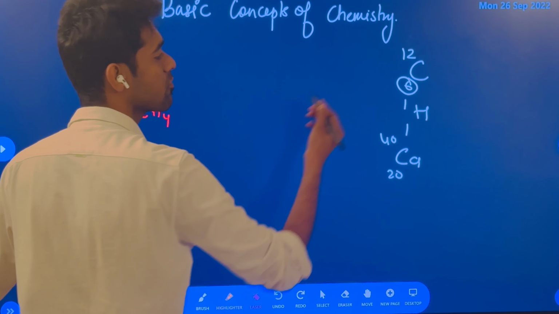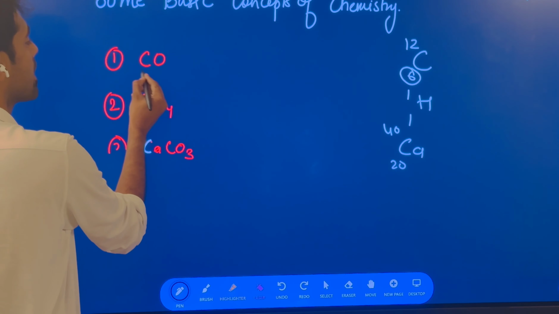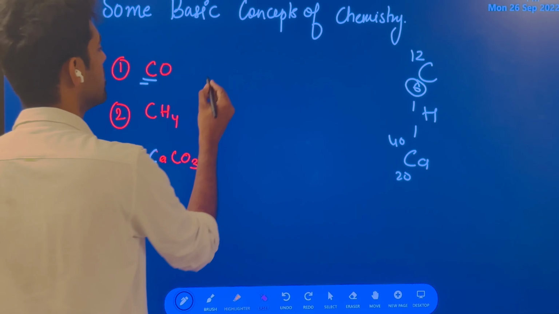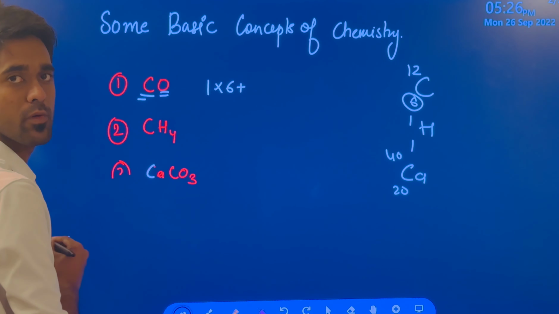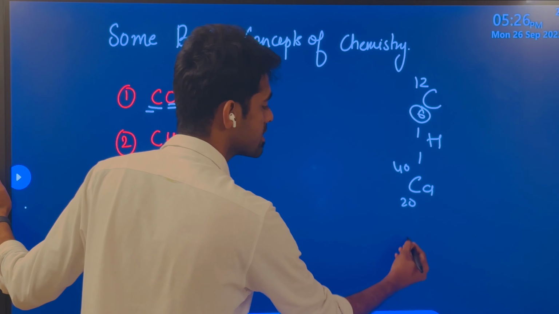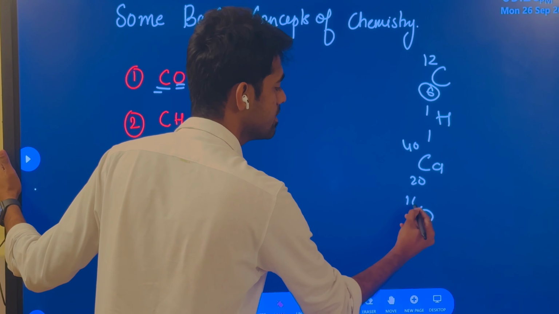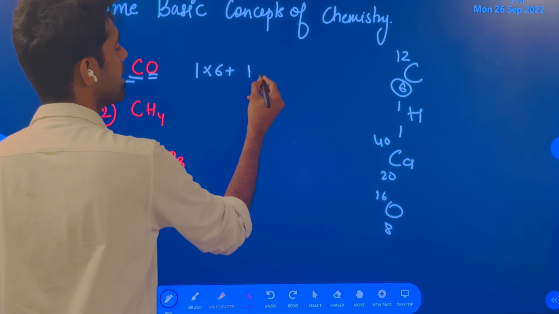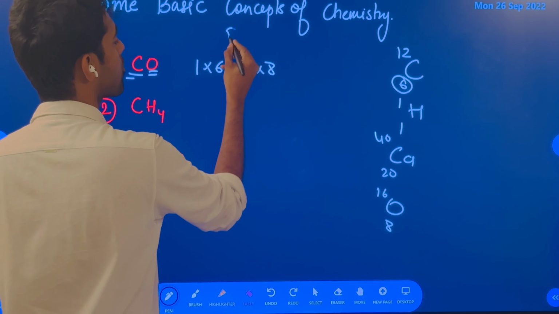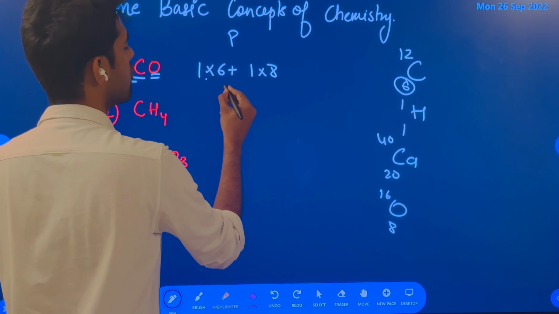What is the atomic number for carbon? It is 6. And how many atoms of carbon are there? 1. So 1 into 6 plus 1 oxygen atom over here, right? Oxygen is 8, 16, right? So the number of protons over here is 8. So 1 into 8. So this is the number of protons. How much is this? 6 plus 8, 14.